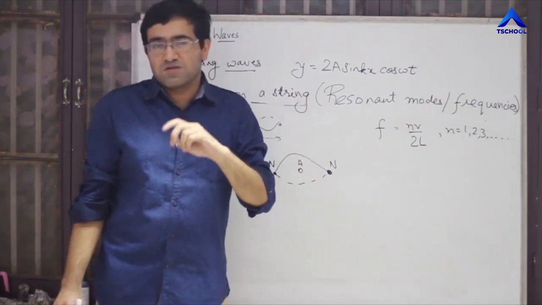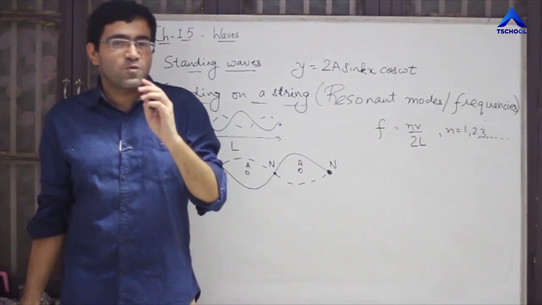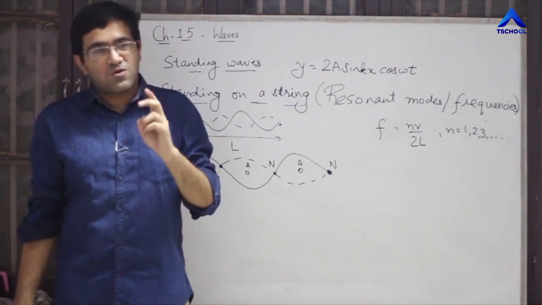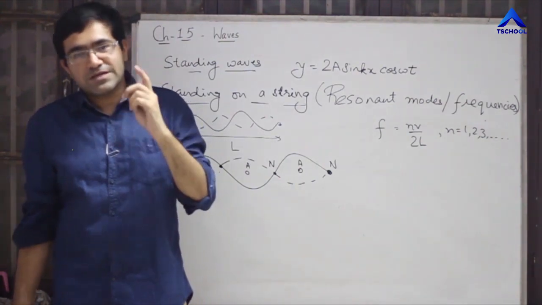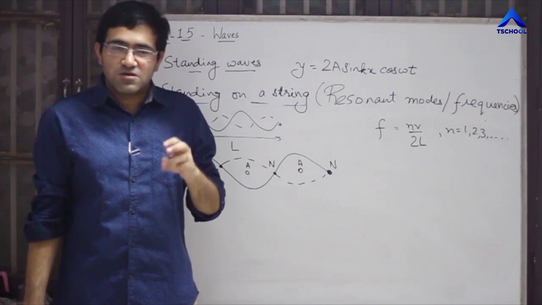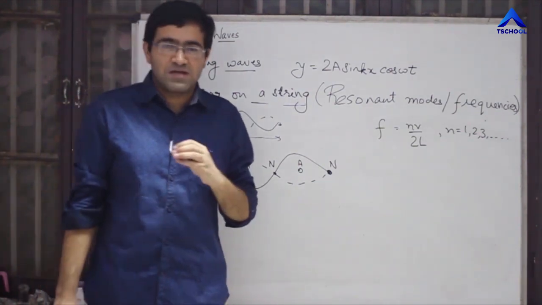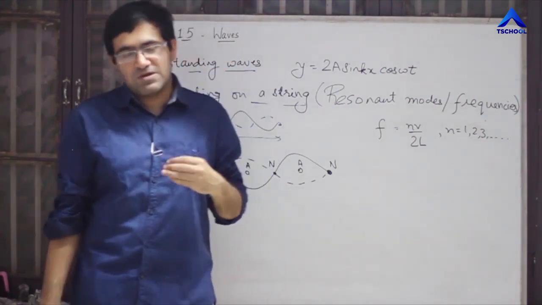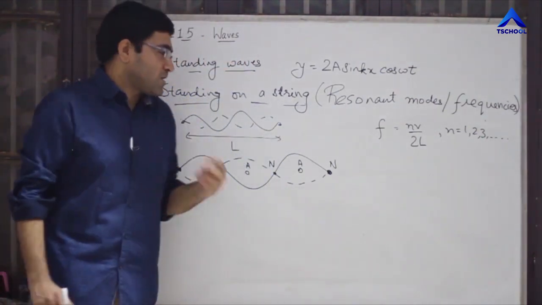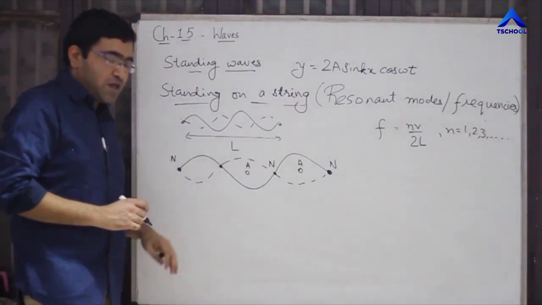The first resonant frequency, which is the natural frequency, is 1V by 2L or V by 2L. The next one, the first overtone, is 2V by 2L or V by L. The third one, the second overtone, is 3V by 2L. So you see the pattern: 1V by 2L, 2V by 2L, 3V by 2L, and so on. So the general case is f equals nV by 2L.